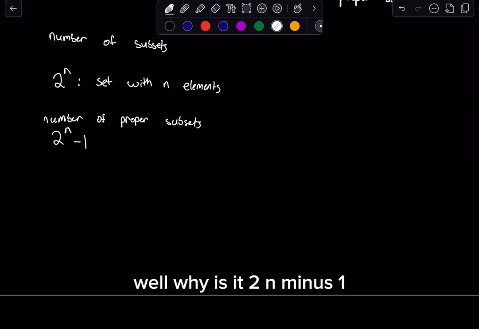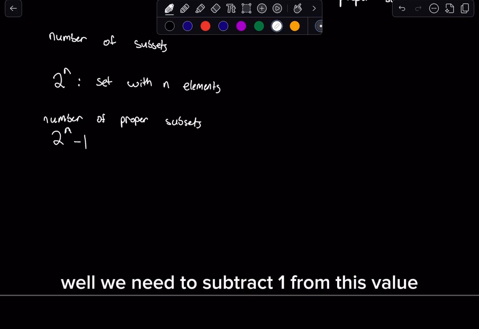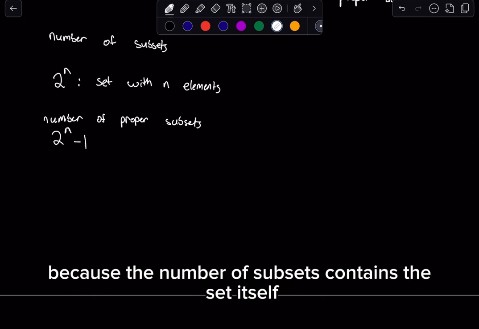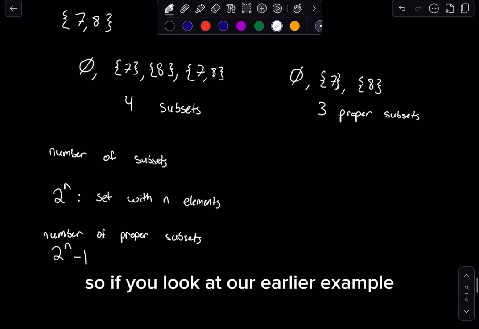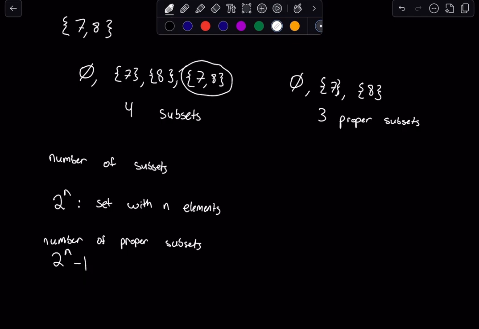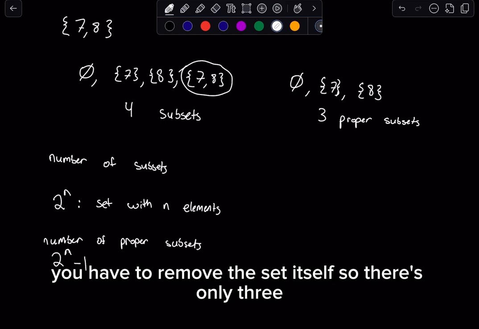Why is it 2^n minus 1? We need to subtract 1 from this value to obtain the number of proper subsets, because the number of subsets contains the set itself. So in our earlier example, the number of subsets for {7, 8} was 4 because we included {7, 8} itself. Now for the number of proper subsets, you have to remove the set itself, so there's only 3.